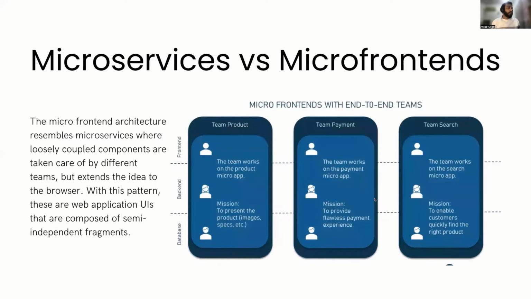Each is loosely coupled from the others, and it extends the idea of microservices into the front-end architecture. On the right, you can see a diagram of how different teams, like team product, team payment, and team search, have their own dedicated front ends, each communicating with their dedicated backends and dedicated databases. So all of them are completely separated and secluded from each other.